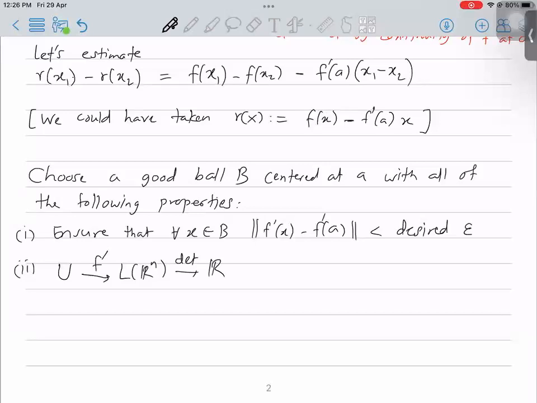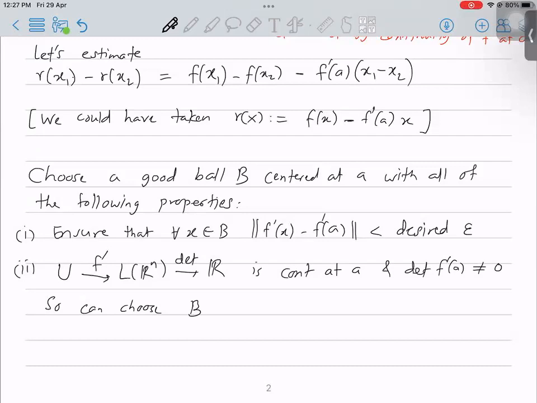Now, determinant is a continuous function and f prime is continuous at a. So this composite is also continuous at a, and I know that the determinant of f prime of a is not equal to 0. This is a continuous function. At some point, its value is non-zero. So I can just choose a small ball around that non-zero number so that 0 is not included in the ball, and I take the inverse image, which will contain an open set.